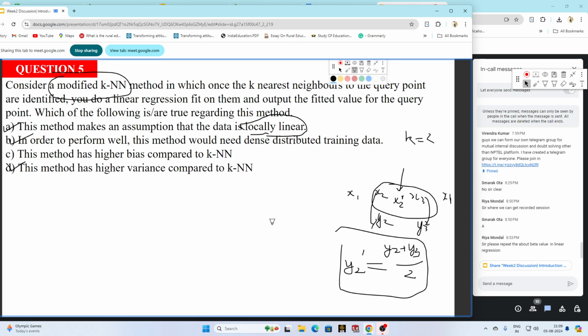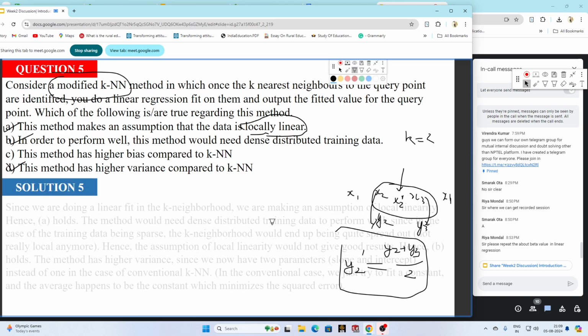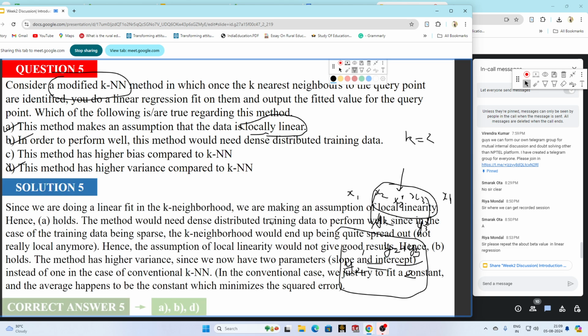The simpler the model is, the bias is more but variance is less. So modified KNN is more complex than KNN, which means modified KNN will have higher variance and lesser bias. So options A, B and D are your answer.